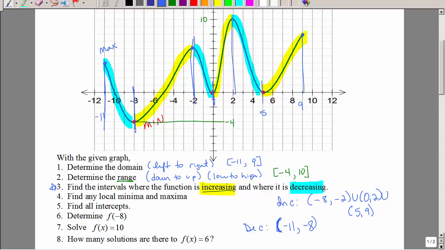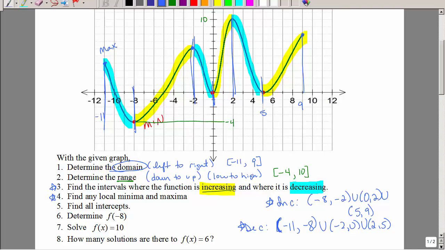Then we'd skip from negative 2 to 0. And then we go from 2 to 5. So really, if we put both of those together, we would get our whole domain except for where the peaks and valleys are. And of course, that's the next question.